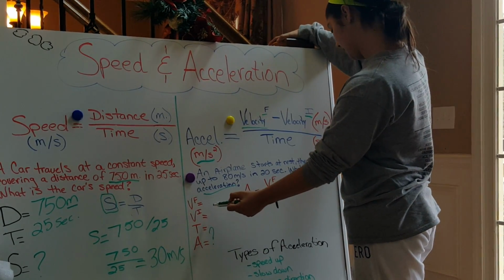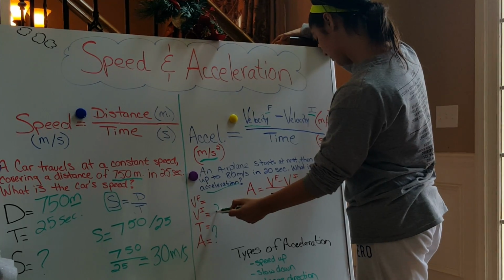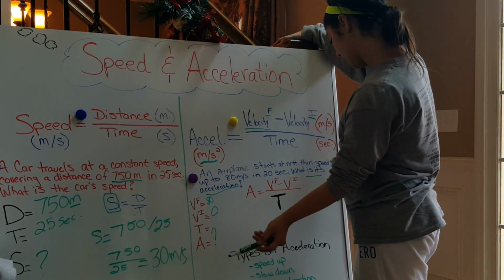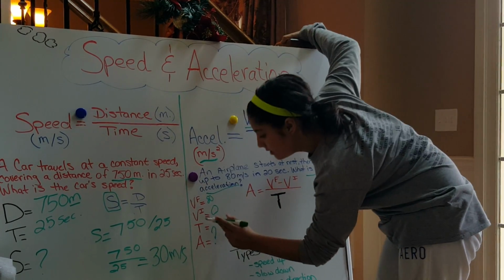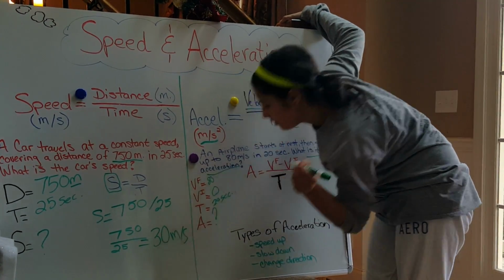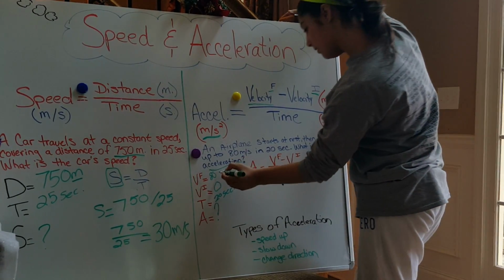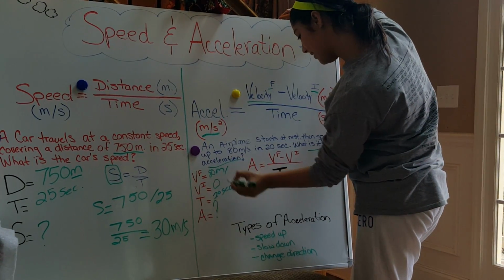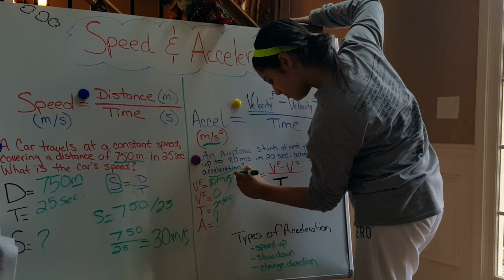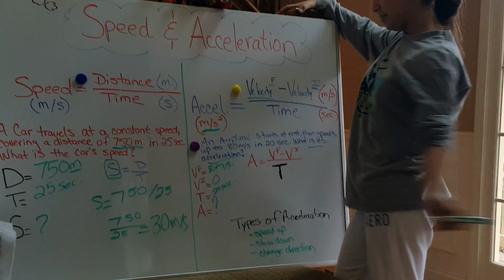It is your initial. You put in 0, you put in 80, and your time says 20 seconds. You put 20. What is 80? 80 what? I was just going to get that. Cheyenne! It is measured in meters per second.